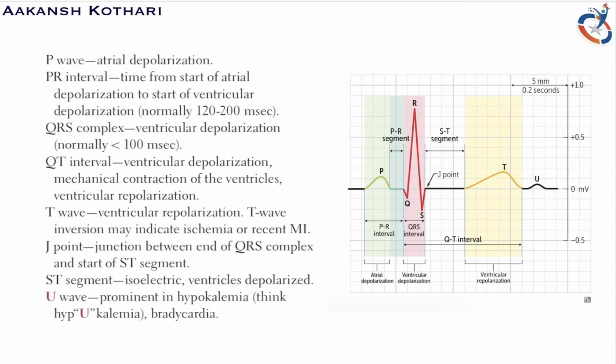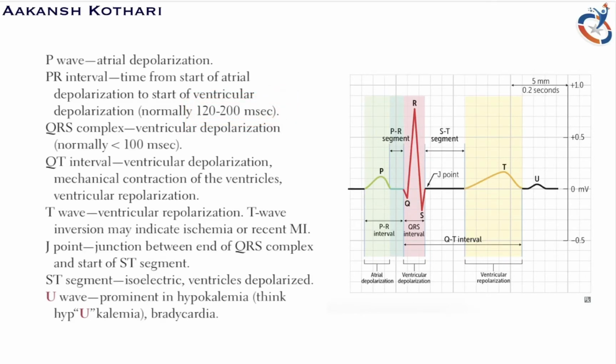The PR interval basically signifies the atrial depolarization, and it lasts till the start of ventricular depolarization. Is this clear? Now the normal length of the PR interval is about 120 to 200 milliseconds.